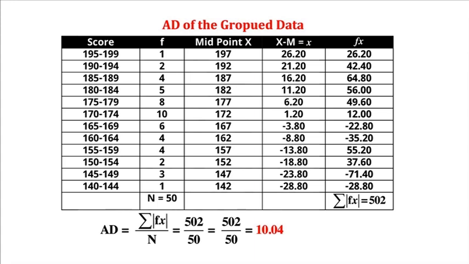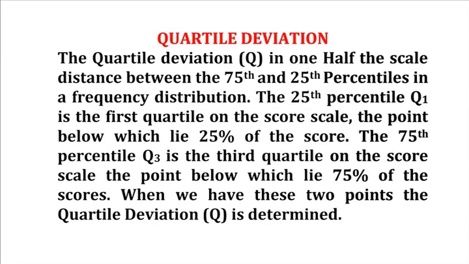Now, the fourth is called the quartile deviation. The quartile deviation is half the scale distance between the 75th and 25th percentile in a frequency distribution. The 25th percentile, that is Q1, the first quartile, is the point on the score scale below which 25% of the scores lie.